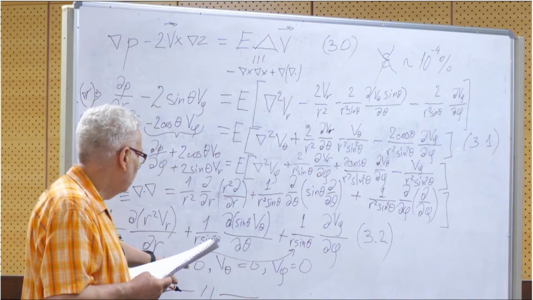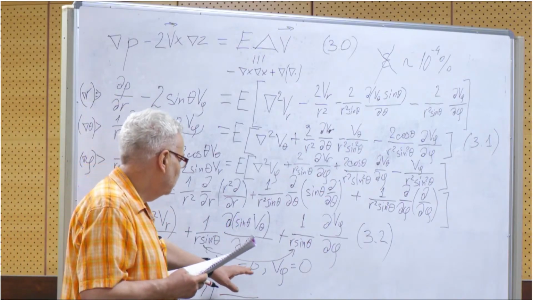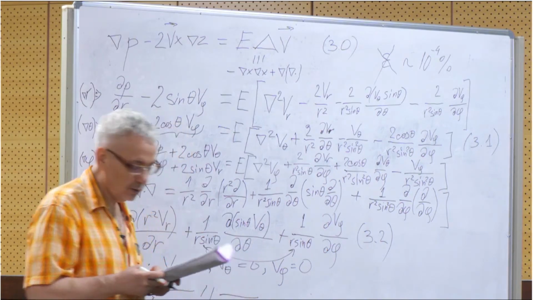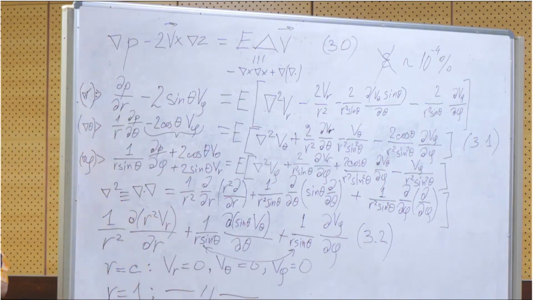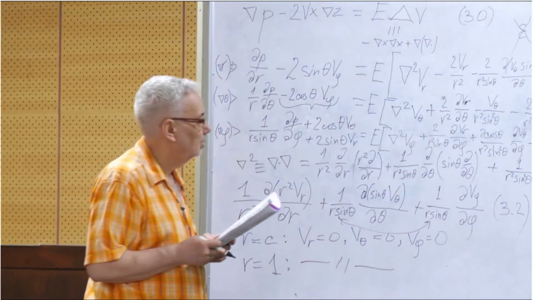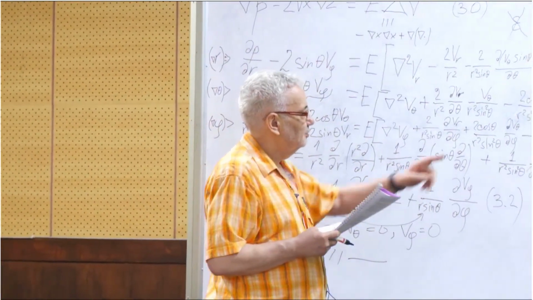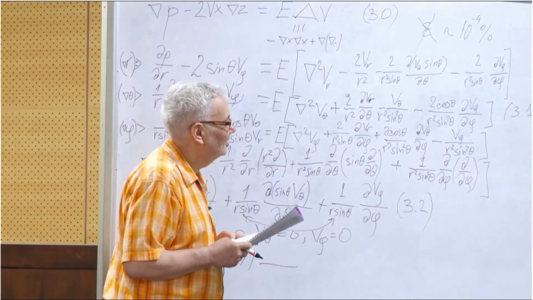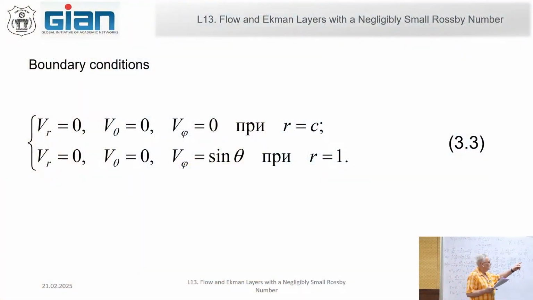Also, the radial component of the velocity is 0, the theta component of the velocity is 0. Here the condition is at r equals c, and this one is at r equals 1.